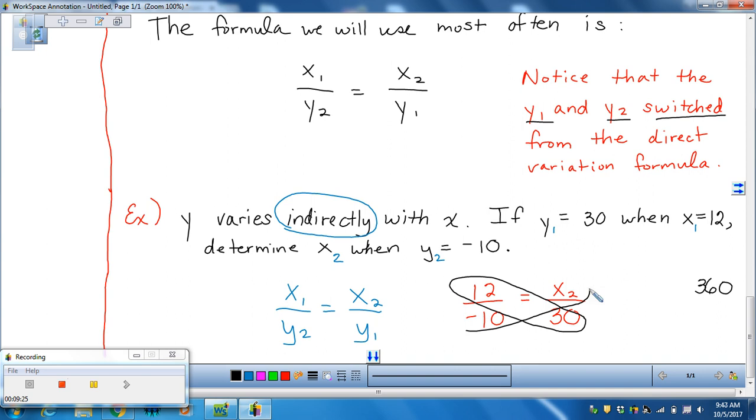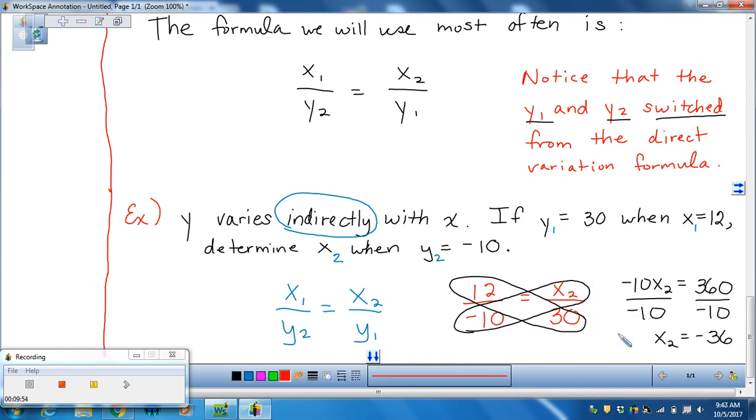Negative 10 times x2 is negative 10x2. Now we're going to divide by negative 10 on both sides. And we get x sub 2 is equal to negative 36.